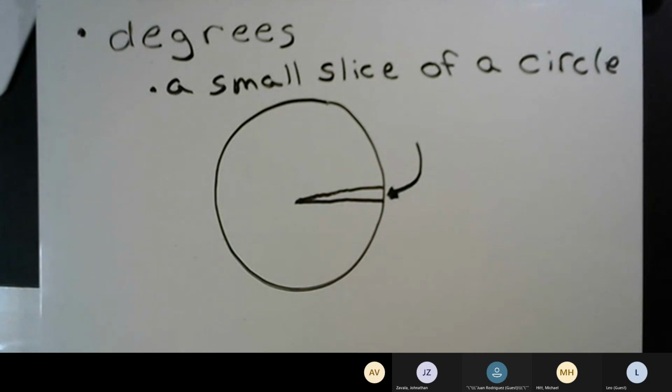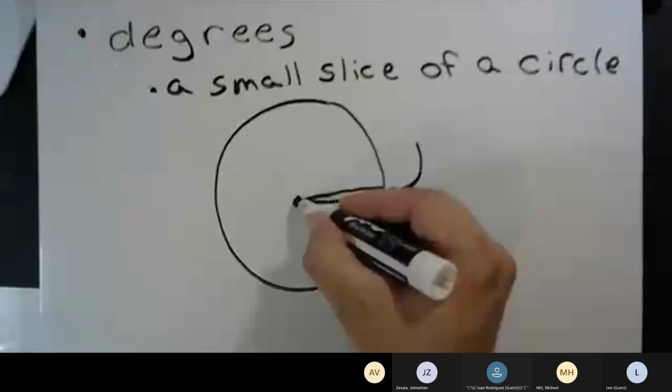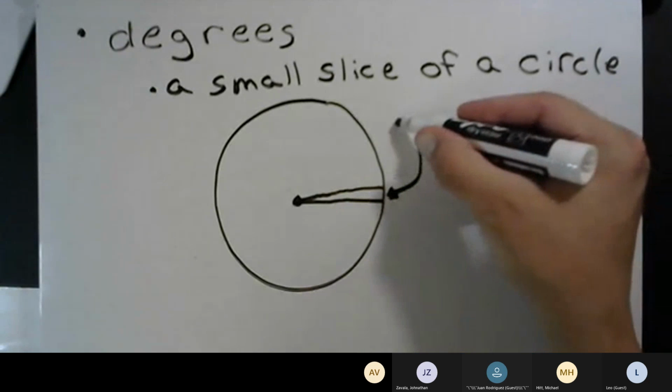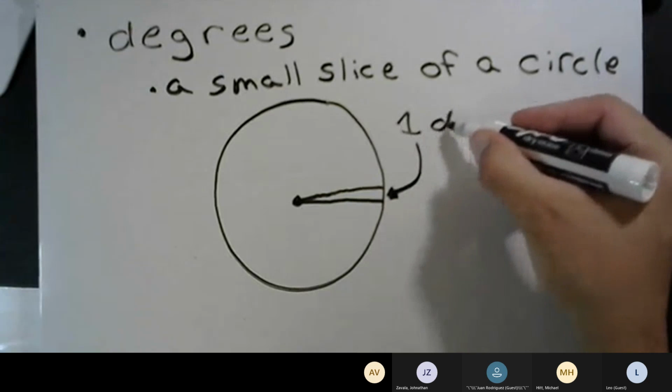So this little slice, and this isn't drawn to scale, you'll see how this works out. But this could be, say, 1 degree.